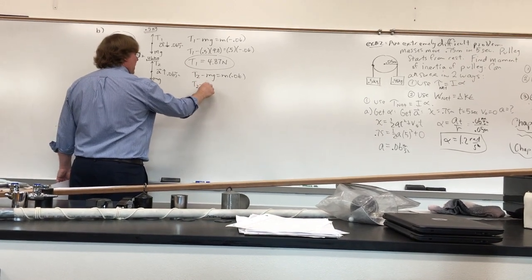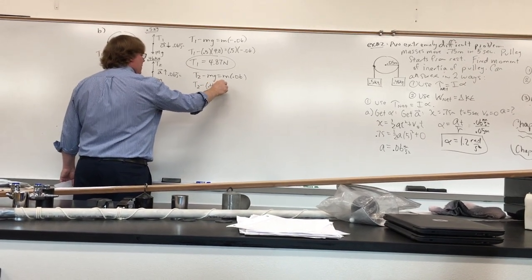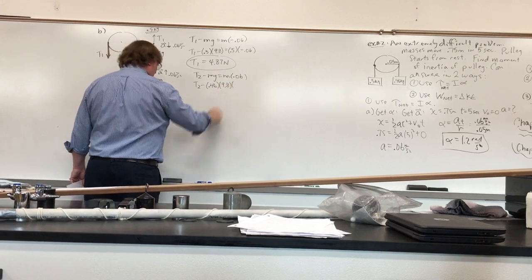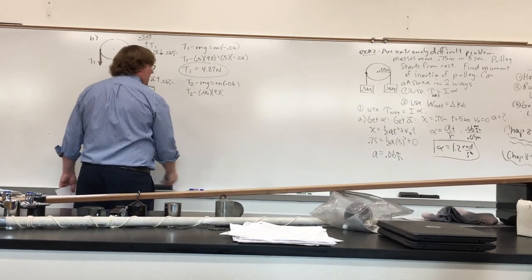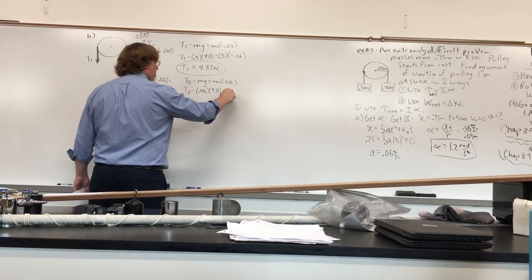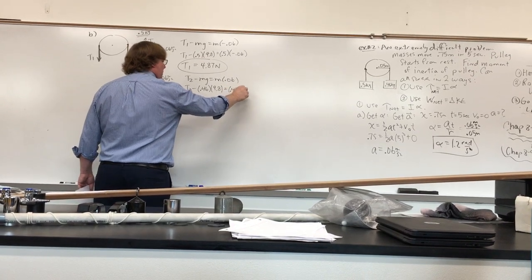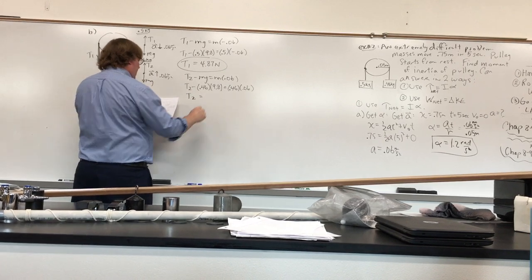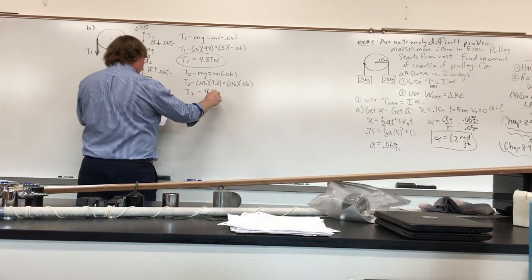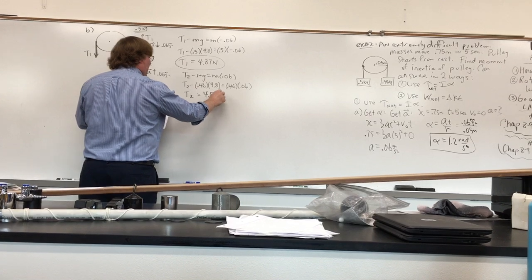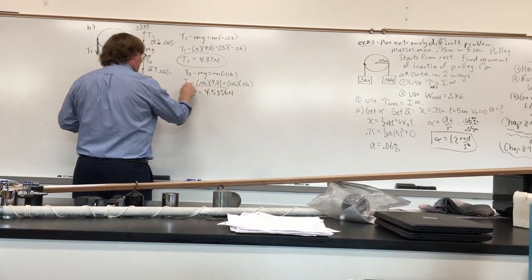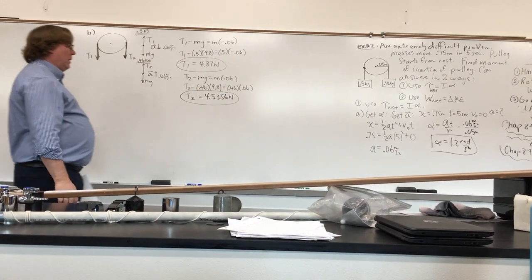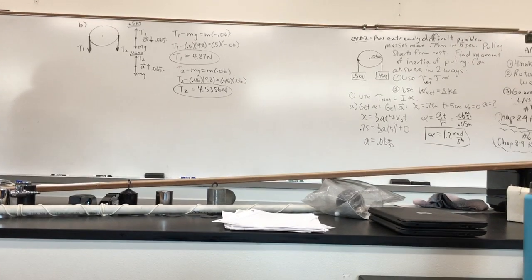So I got T2 minus 0.46 times 9.8 equals 0.46 times 0.06. And so I get T2 equaling 4.5356 newtons. And I'm using all the sig figs because I want to get a really precise answer.